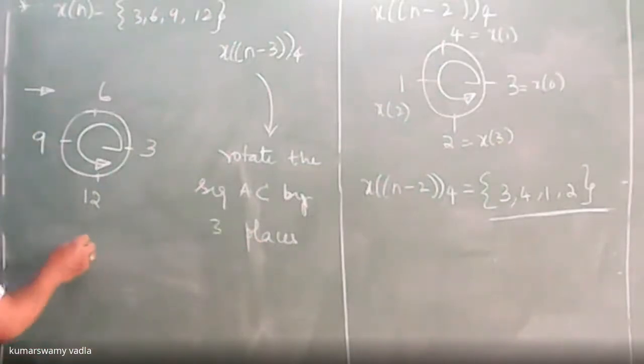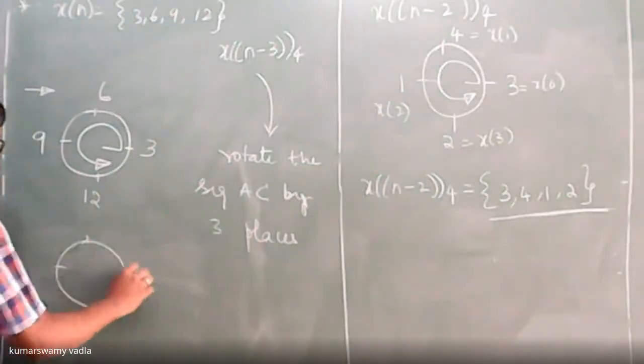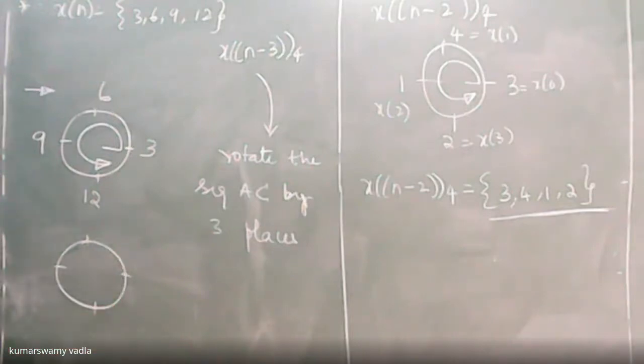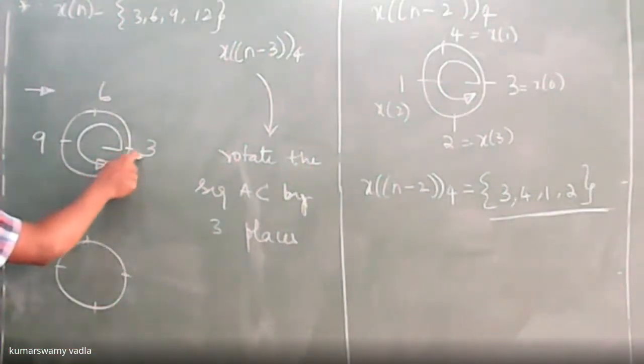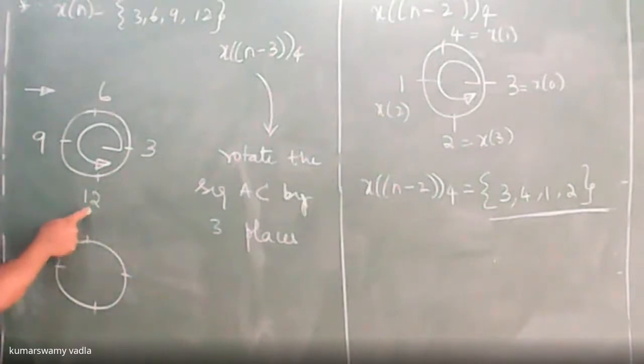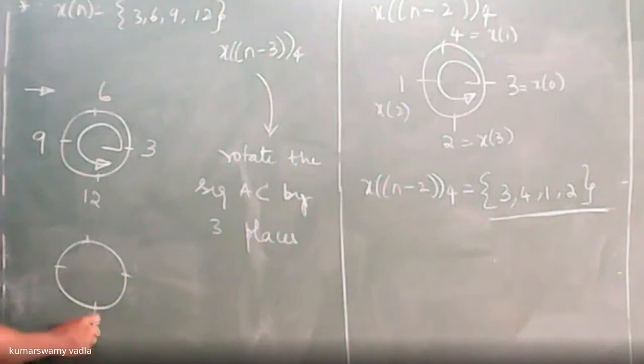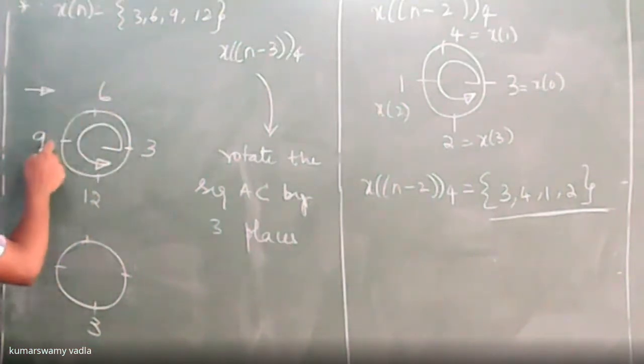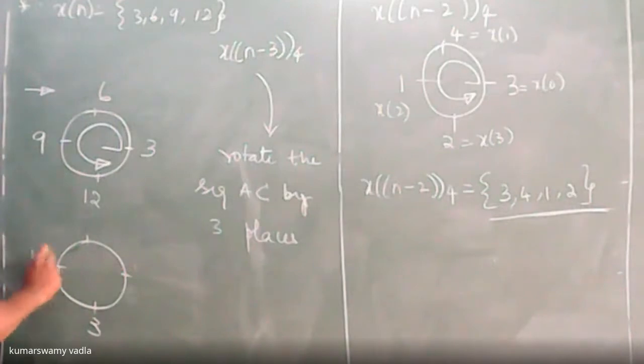So what will you get here, students? This 3 will come and sit across here. Yes or no? 3. Then what about 12? 1, 2, 3. Here you will get 12.